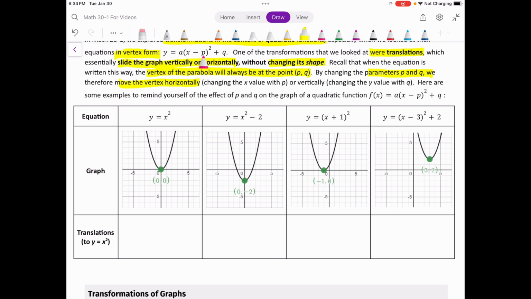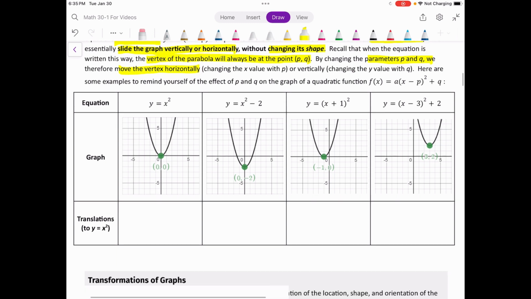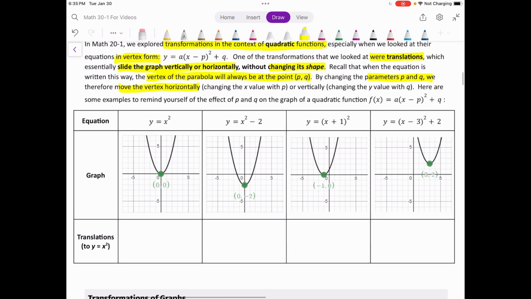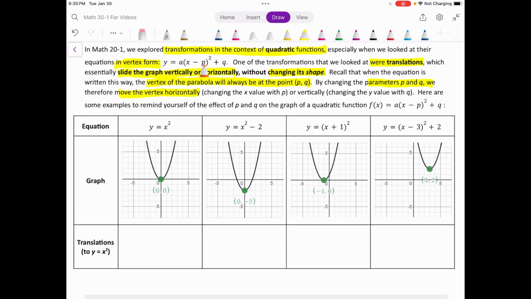And these p and q, okay, are going to be our horizontal translation and our vertical translation respectively, right? That's why we can be so sure that the vertex will be at (p, q), because p is going to slide it left or right. Left if p is positive, right if p is negative. Okay, so starting from an x coordinate of 0, if we slide it p units right, the new x coordinate is now p, right?